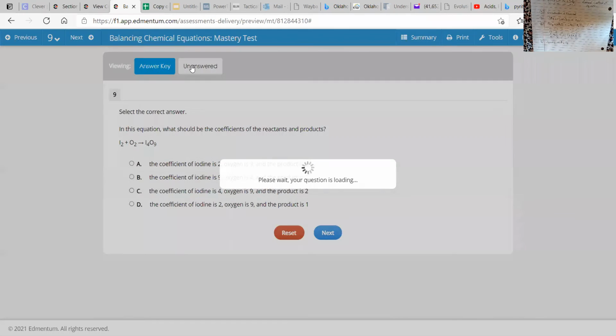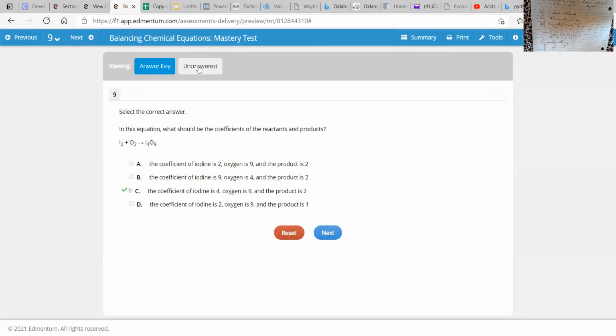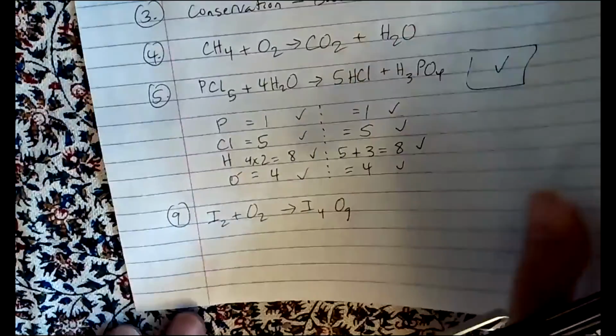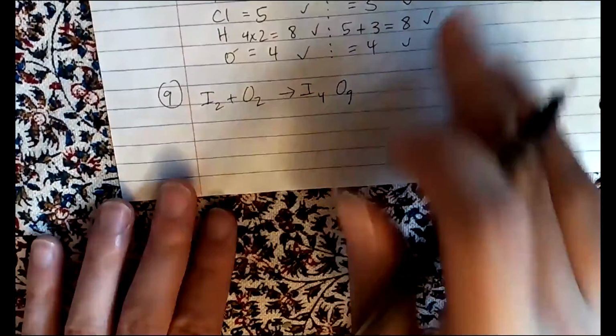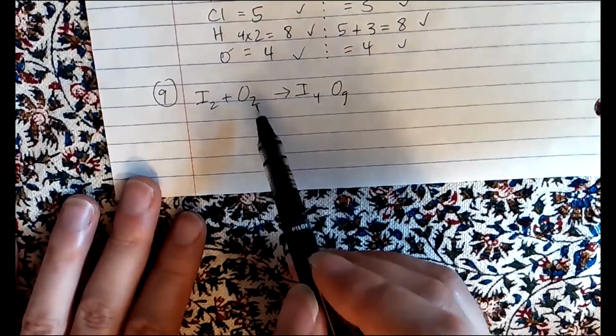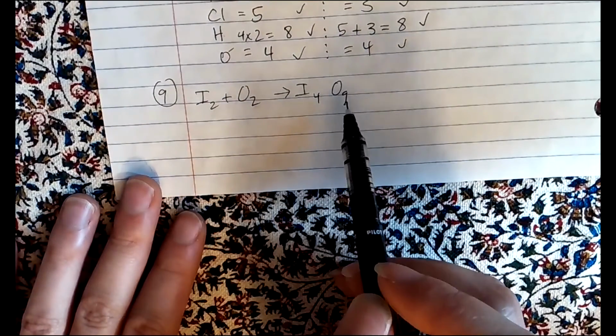Stop sharing. All right. So this one's a little tricky, a little trickier than the ones we've looked at before. But this is an unbalanced equation for now. We have I2, O2, I4, O9.